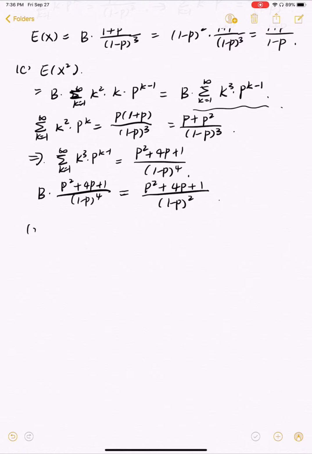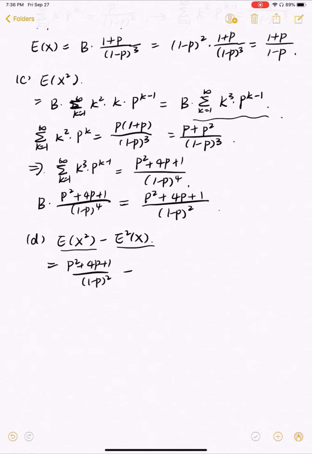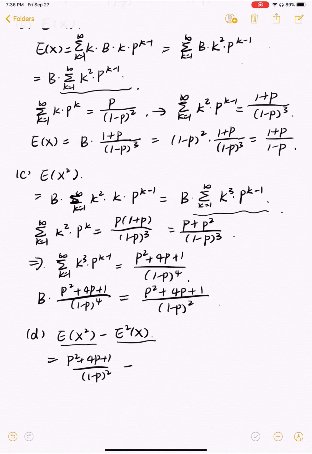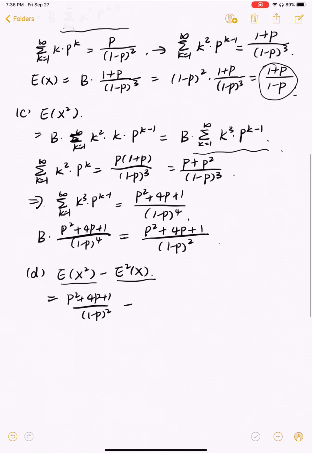Question D is to find the expectation of X squared minus the expectation of X, to the power of 2. This part is resolved in question C, this minus the expectation of X we solved in problem B, which is 1 plus p divided by 1 minus p.